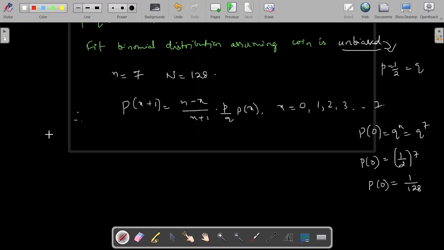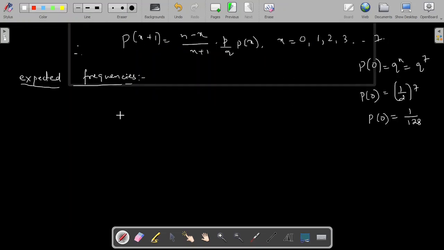Okay. Now we need the expected frequencies. These expected frequencies are obtained by using the concept of binomial distribution. Binomial distribution helps you to get the expected, theoretical frequencies of that random experiment.